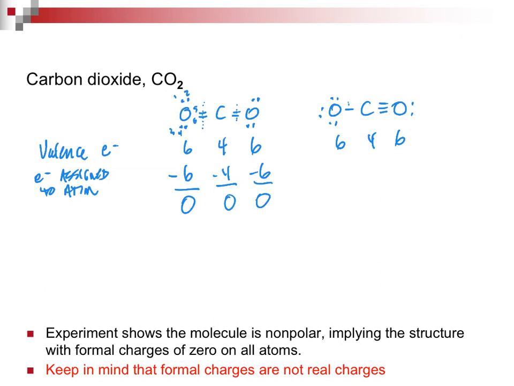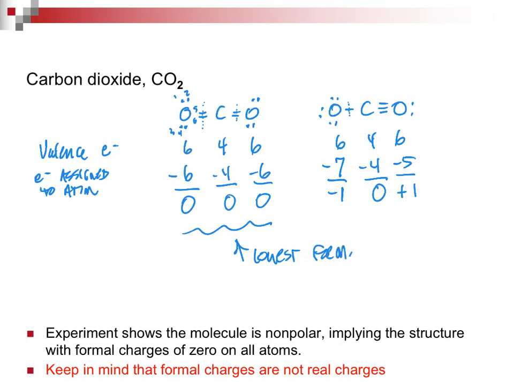When I look at my oxygen on the left, I count 7 electrons, giving this a -1. Carbon still has 4 electrons, giving this a 0. And oxygen has 5, giving this a +1. Well, what we want to do is we want the one with the lowest formal charges. And there's a lot of debate about all of this. But what happened is people went in and did an experiment.